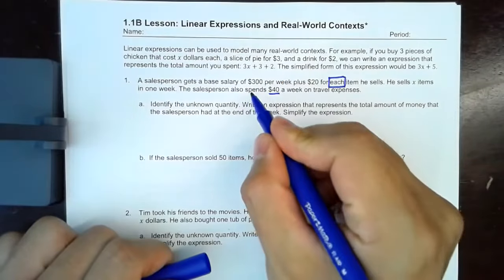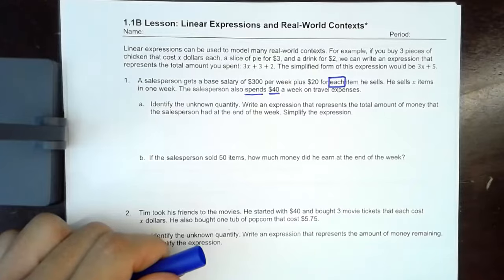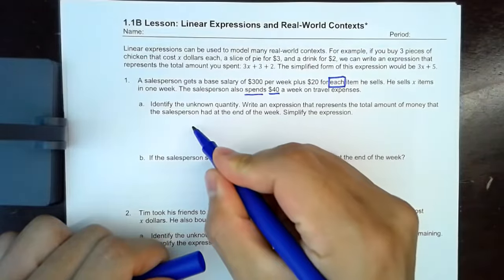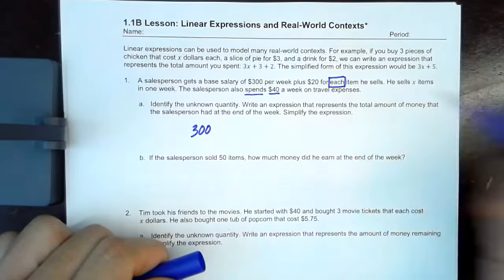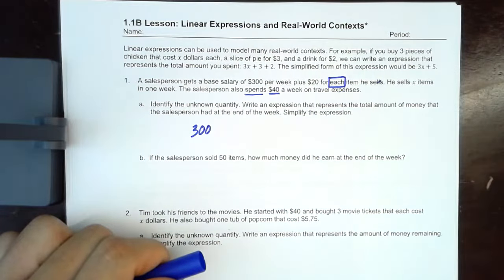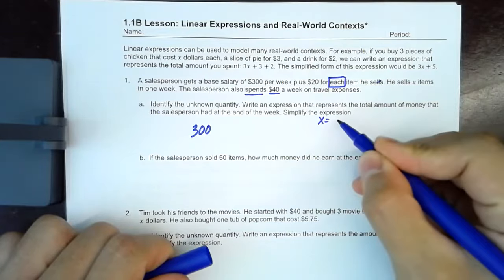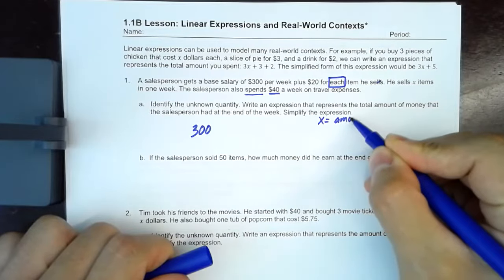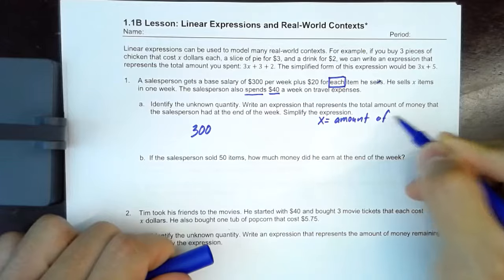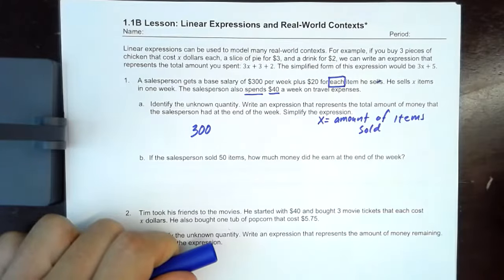So it's important that we realize that this salesperson gets money, $300. You get $300 every week, and you get $20 for each item he sells. So let's first define X as the amount of items sold. We don't know what that is.